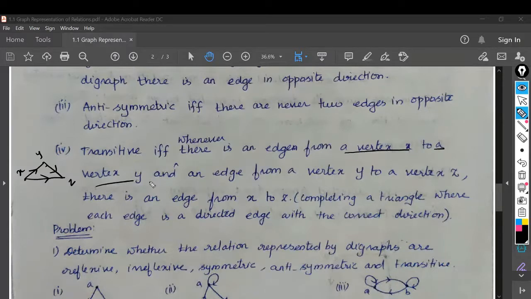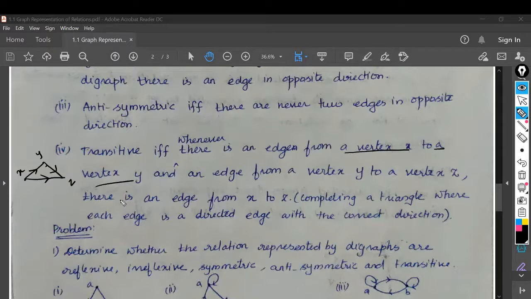So completing a triangle where each edge is a directed edge with the correct direction. The direction is very much important. If this condition is satisfied, then the graph will represent a transitive relation.